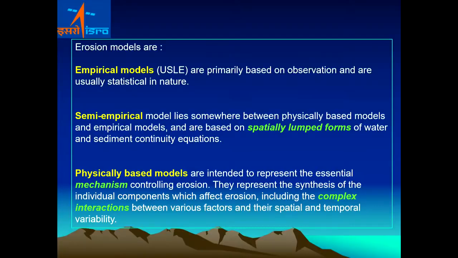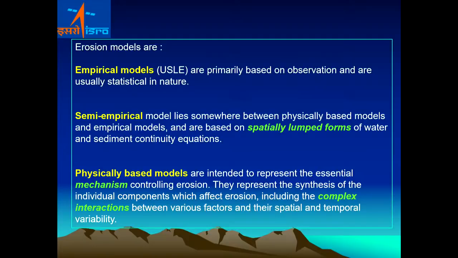You can divide them into three. Empirical models are primarily based on observation and usually statistical in nature. These models are based on statistical relationships. They are also known as black box models, where we don't know what processes are taking place.